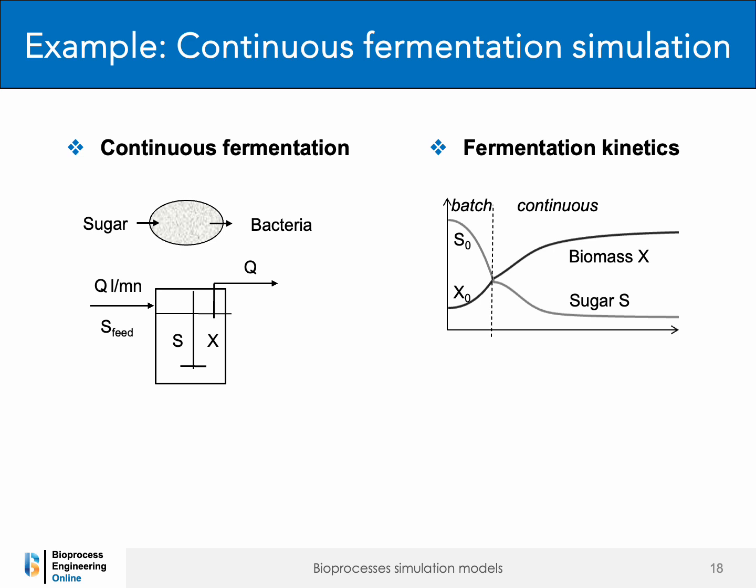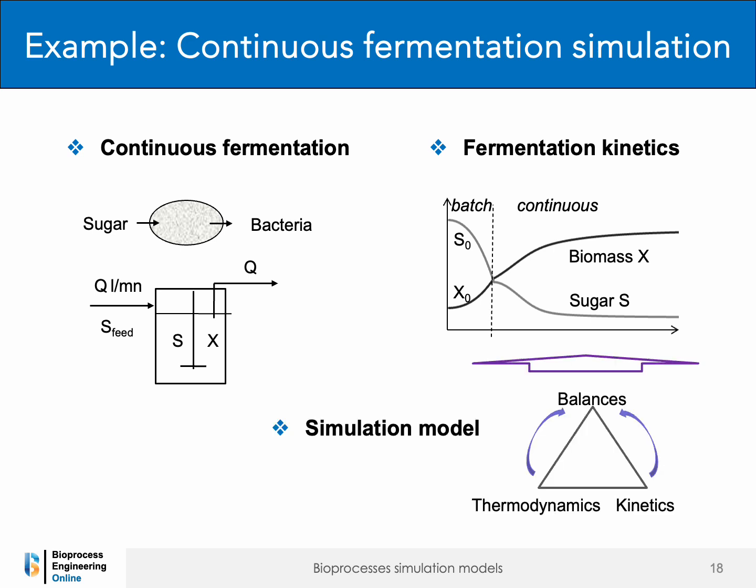After this initial phase, the fermenter transitions to continuous operation, during which a steady flow rate, Q, introduces fresh medium with a sugar concentration, S feed. Simultaneously, the same flow rate is used to withdraw medium from the fermenter, ensuring that the fermenter maintains a constant volume. The goal of the simulation model is to predict the dynamic changes in sugar concentration and cellular biomass concentration over time during the continuous fermentation process.